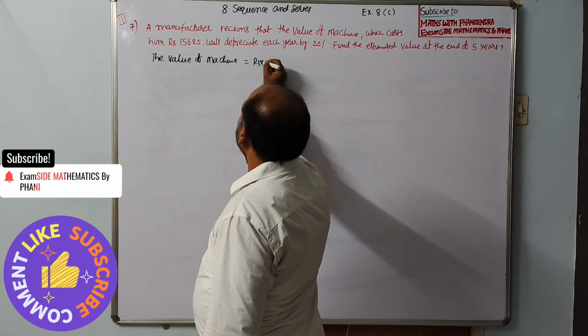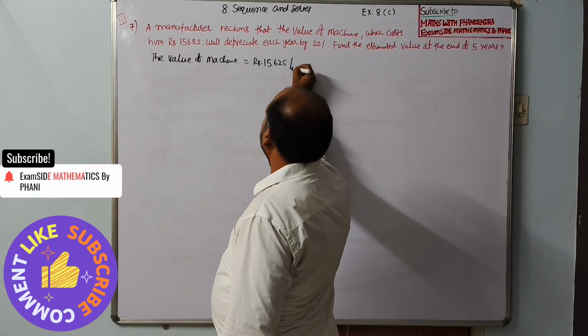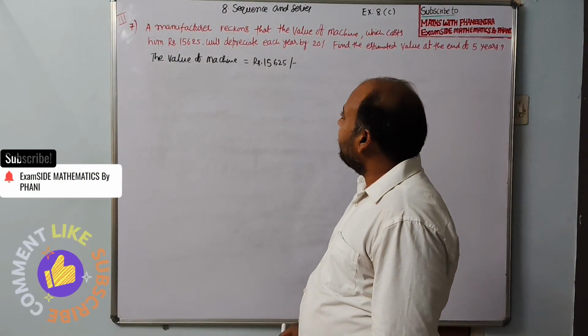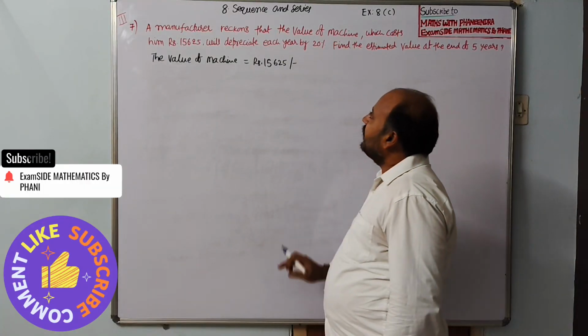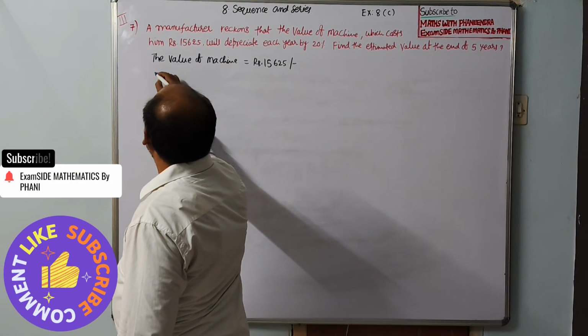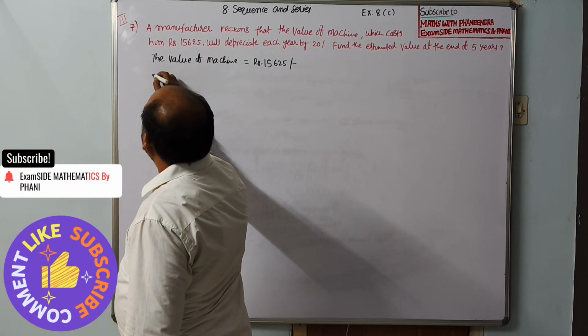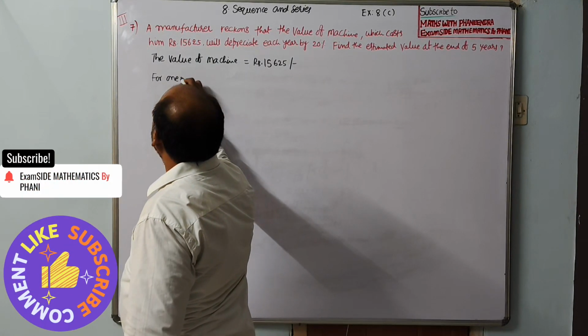It is 15,625. So every year it depreciates by 20%; for the first year, it is depreciated by 20%.